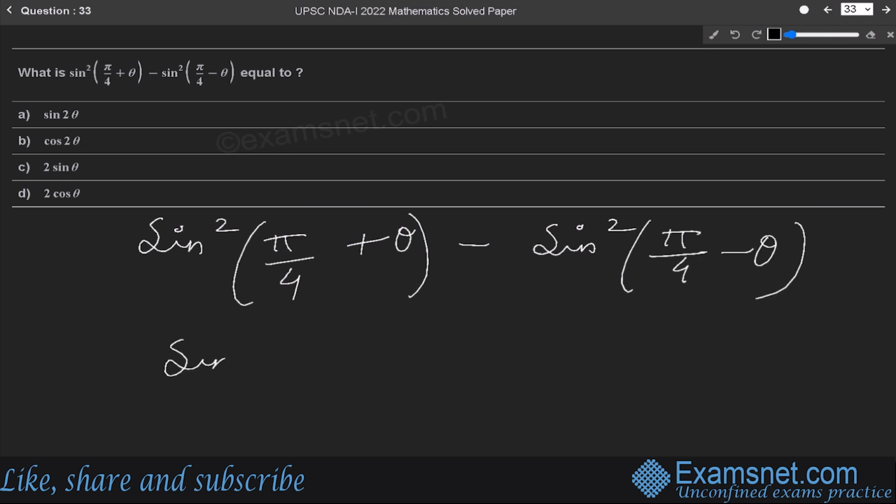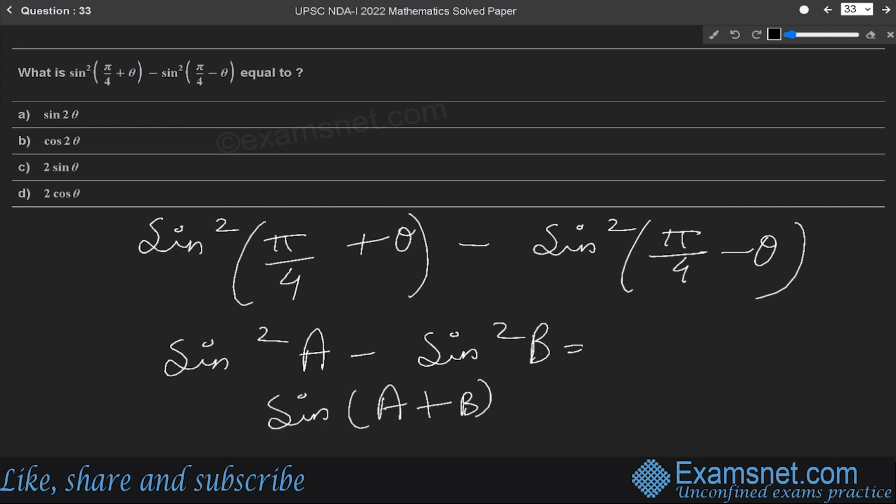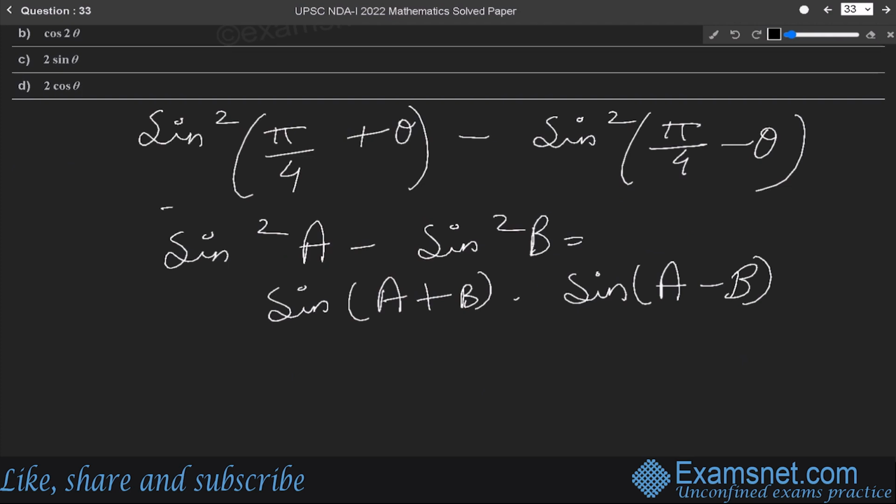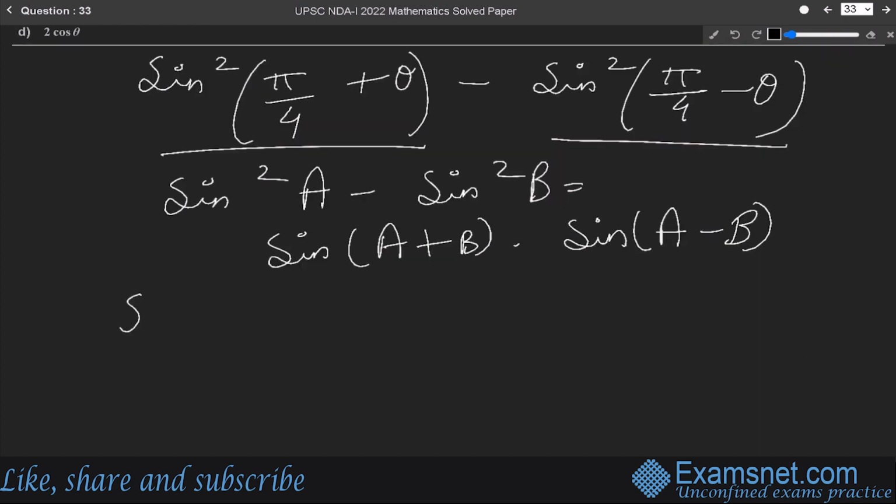We know a formula which is sine square A minus sine square B is equal to sine (A plus B) into sine (A minus B). You can see that the question is in the same form, sine square A minus sine square B. So further putting this formula, we get sine (A plus B), meaning (pi by 4 plus theta) plus (pi by 4 minus theta).